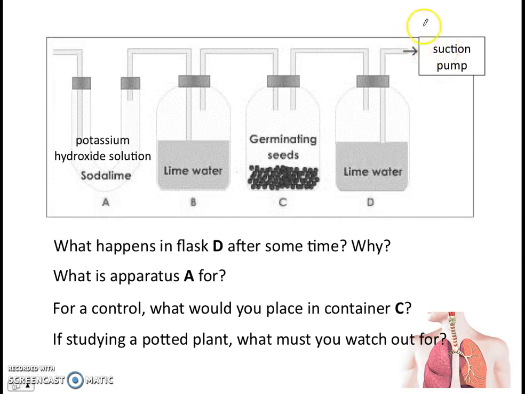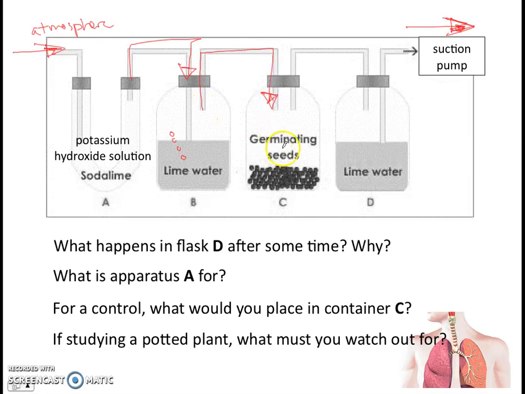Well, the first thing is that you got to catch the idea of where the flow of air is. Okay, so there's a suction pump here sucking air this way. So that causes air to be taken in from this side. Air comes in from the atmosphere. Now the air that comes in will pass through potassium hydroxide solution, and then that air will be bubbled into the lime water, and then there'll be more movement of air this way.